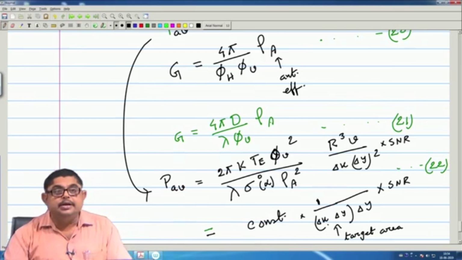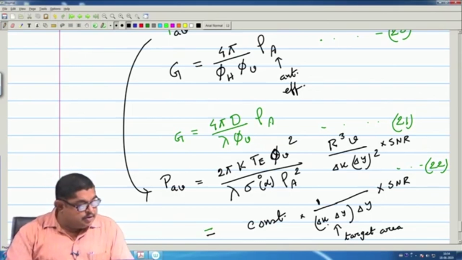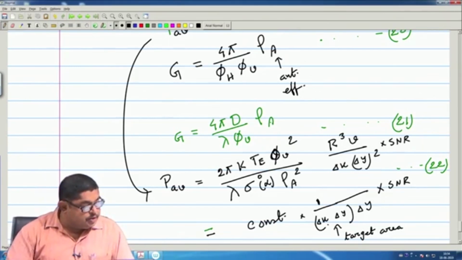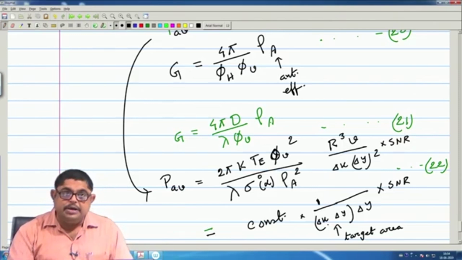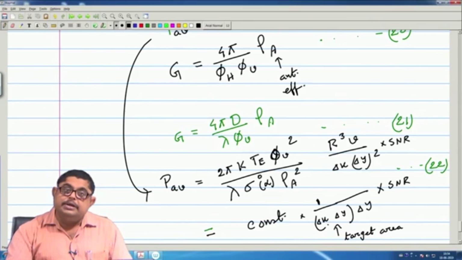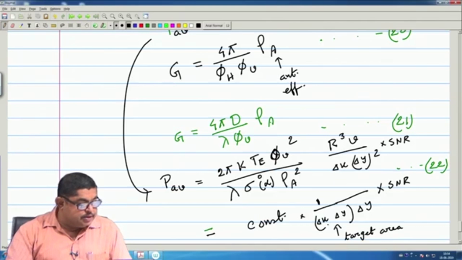Actually, this additional inverse dependence on delta y is coming from SAR cross range processing. So, if delta y is decreased further, more PT is required to keep a fixed SNR, or conversely we can say SNR will degrade if PT is kept fixed.